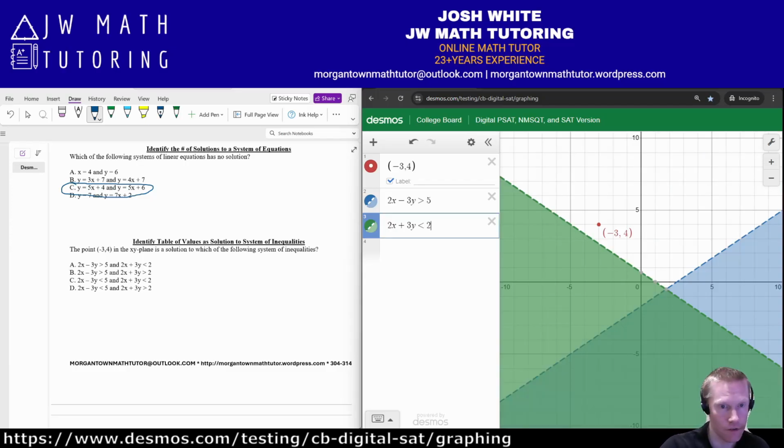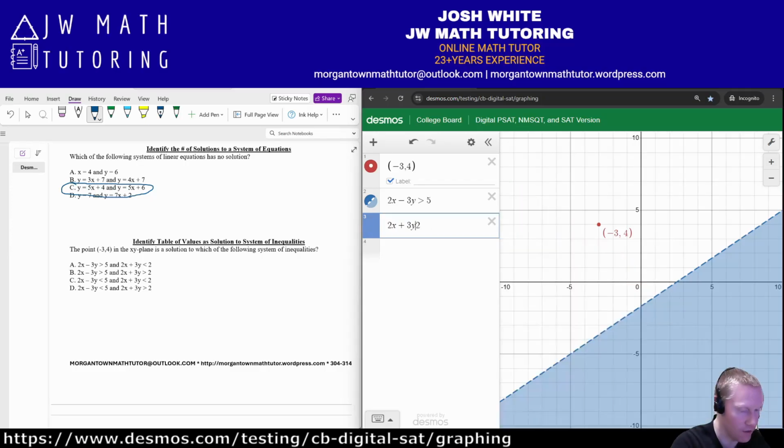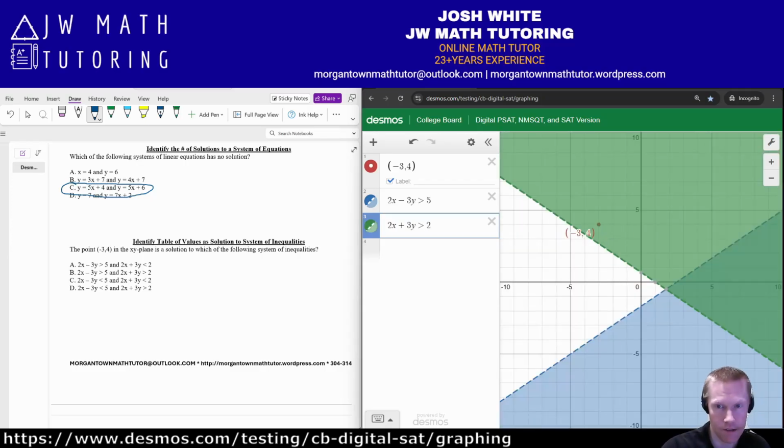Okay, this is A. Is it in the solution set for this? Nope, it is not. Now I'll move on to B. Notice that in B, the first inequality is the same, but the second one just has greater than. Is this in the solution set? No, here the solution set's on the right, but that's not where the point is. So A is wrong, you cross that out. B is wrong, cross that out.